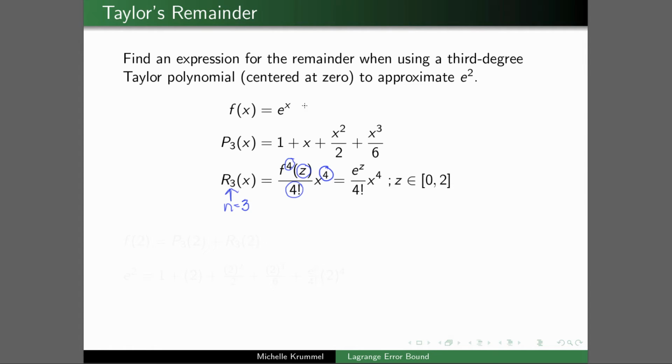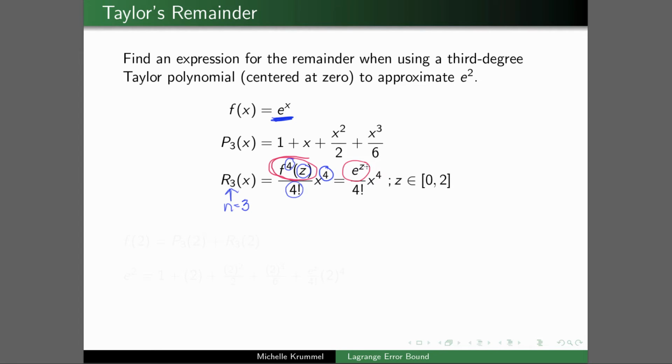Since our function is f of x equals e to the x, my first derivative is e to the x, my second derivative is e to the x, my third derivative is e to the x, and my fourth derivative is e to the x. So I can replace this with e to the power z.